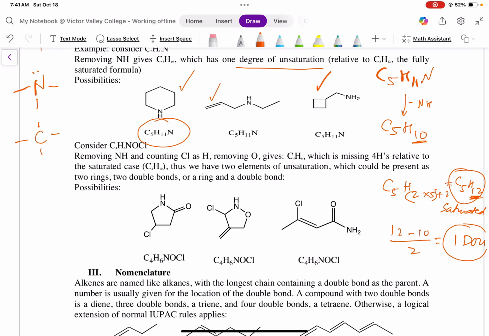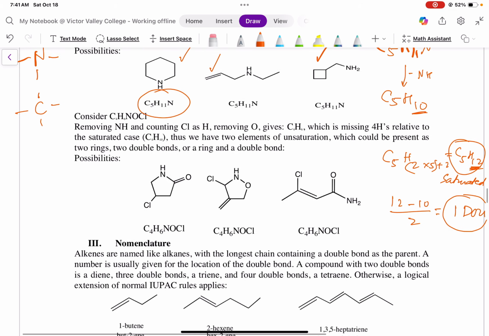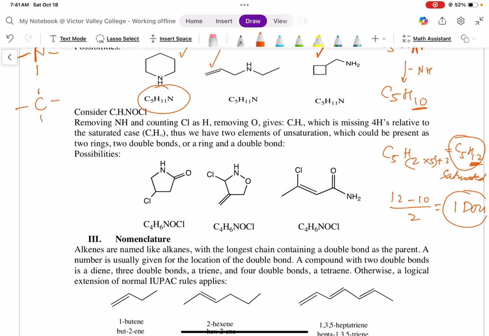Here we have C4H6NOCl. Okay, so nitrogen, take away hydrogens. Oxygen we can take it off. Cl we can replace with hydrogens. And then nitrogen, take away hydrogens. So we end up with C4H6.